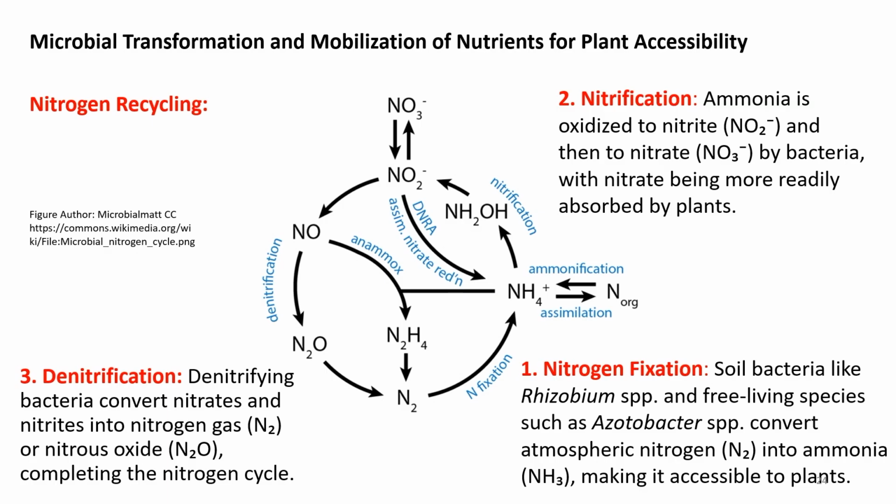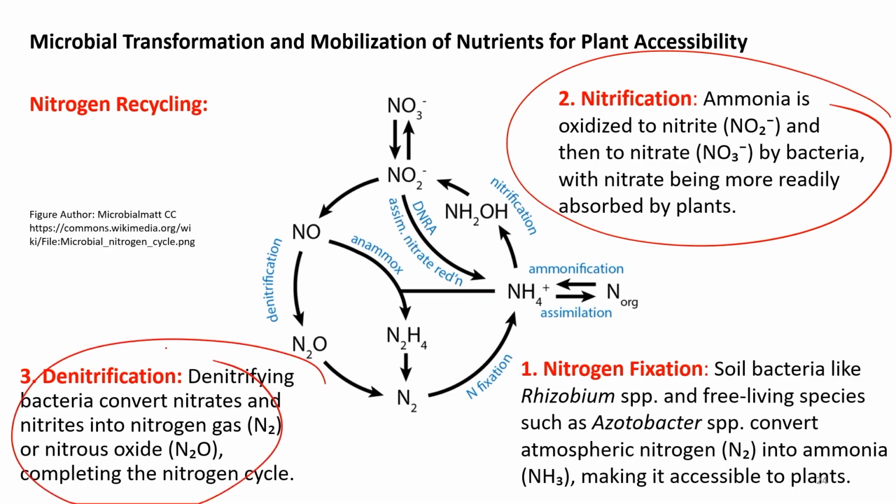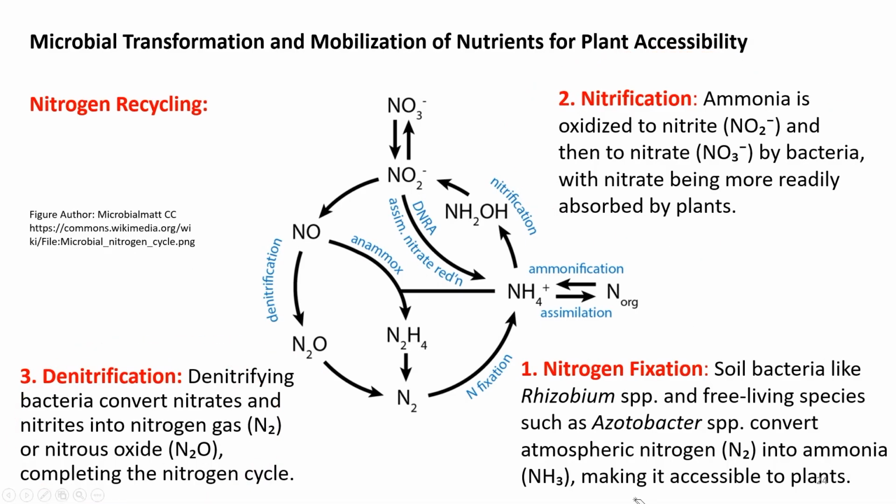Microbial transformation and mobilization of nutrients for plant accessibility. One important aspect is nitrogen fixation, and then nitrification and also denitrification in the case of nitrogen recycling. In nitrogen fixation, soil bacteria like Rhizobium species and free living species like Azotobacter convert atmospheric nitrogen into ammonia, making it accessible to plants.